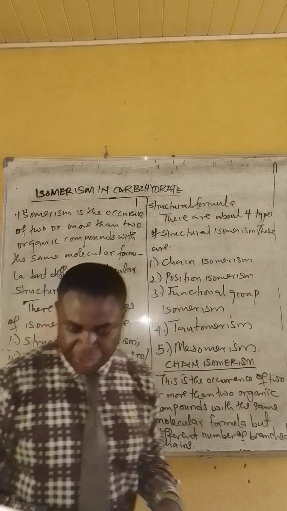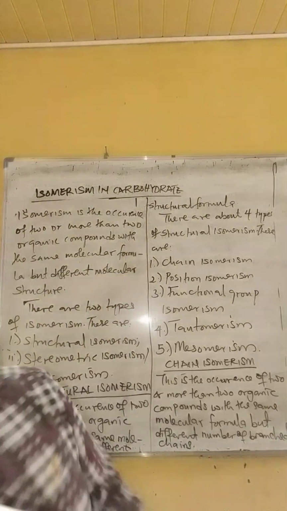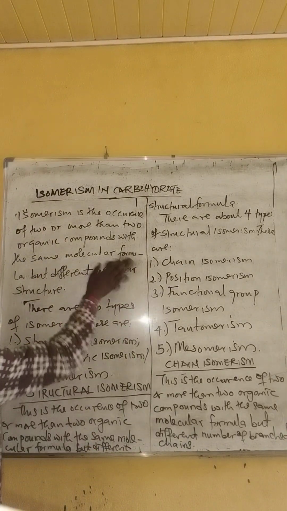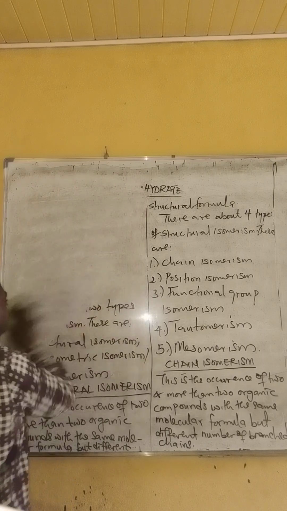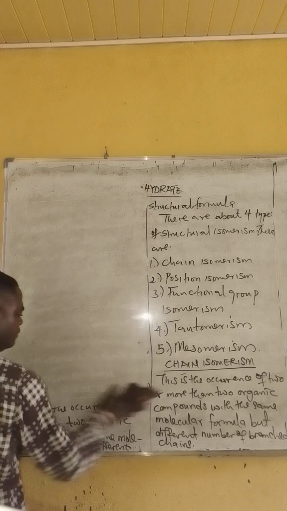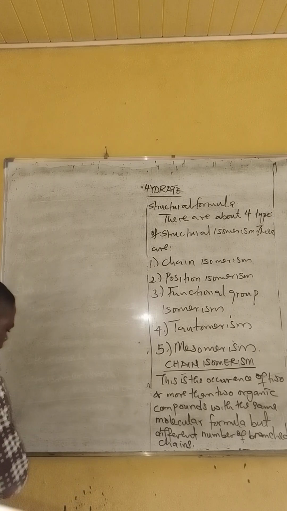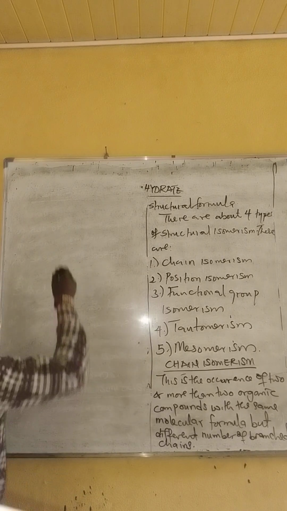So that is chain isomerism. So let's look at examples.